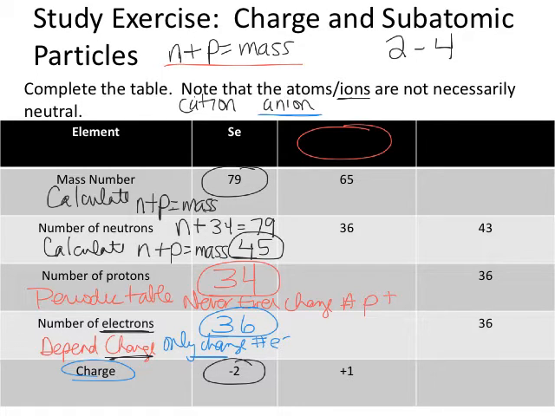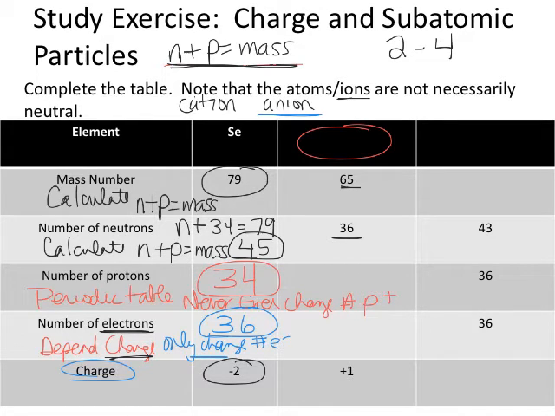We have a mass number of 65, and we're given neutrons, 36. Since we don't have the element, we don't have the number of protons, so we're going to have to use this formula, N plus P equals mass.